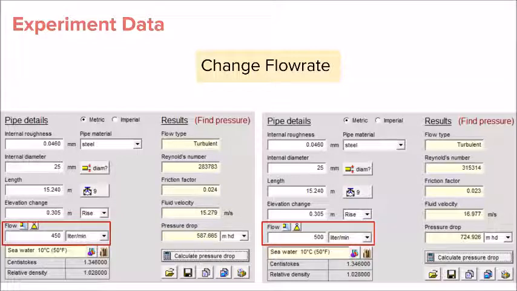We change the flow rate to 450 liters per minute and then 500 liters per minute. In this one, the Reynolds number, friction factor, fluid velocity, and pressure drop change slightly, and only the flow type, turbulent, stays the same.